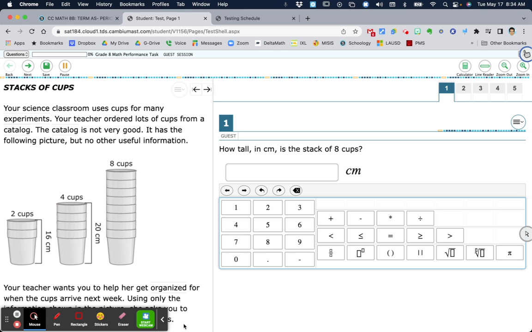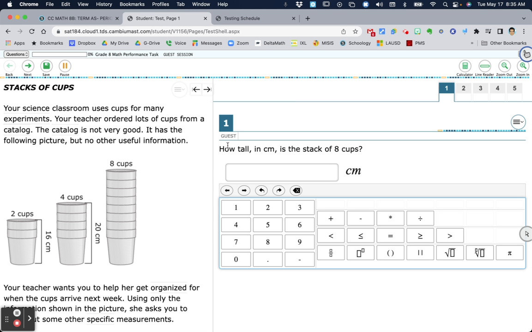Let me hide this. Your teacher wants you to help her get organized for when the cups arrive next week. Using only the information shown in the picture, she asks you to, what's that word that's hidden, I can't read, figure out some other specific measurements.